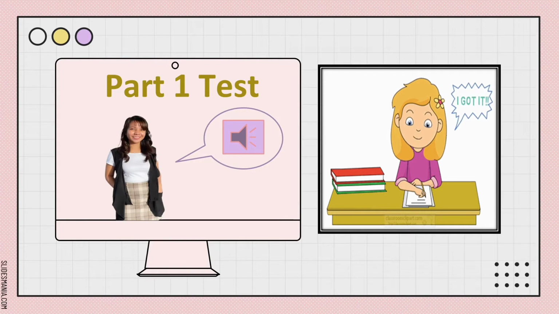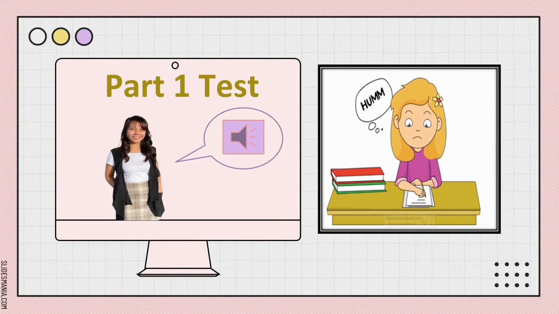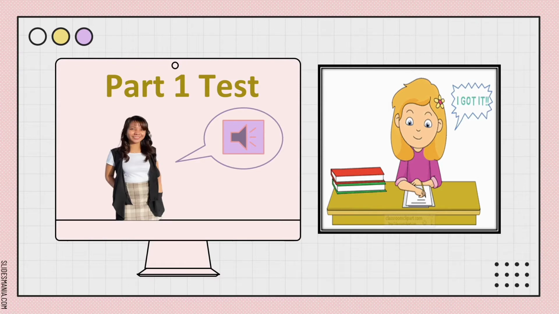Number 1, descending. Number 2, denominator. Number 3, multiply. Number 4, division.